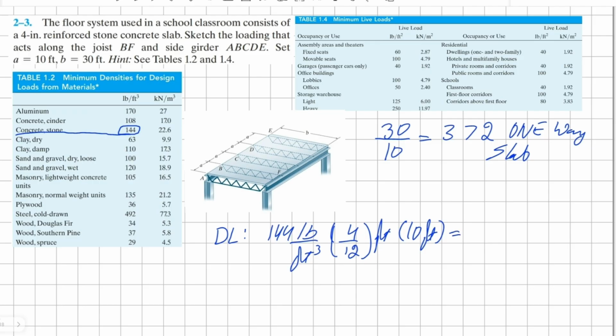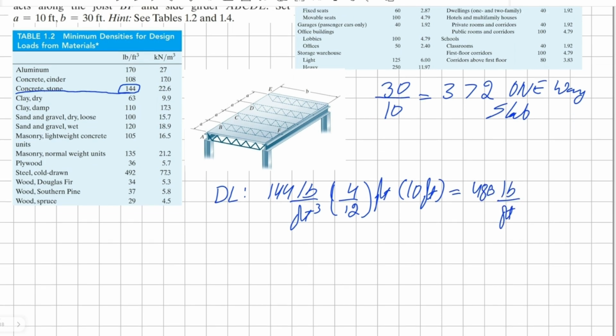All of this is equal to 480 pounds per foot.